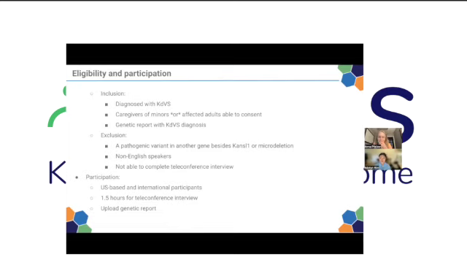Okay. And age? Any age limits? I don't think we have an age limit for this research, as long as we have caregivers for the minors, because we are not able to interview anyone under 18.